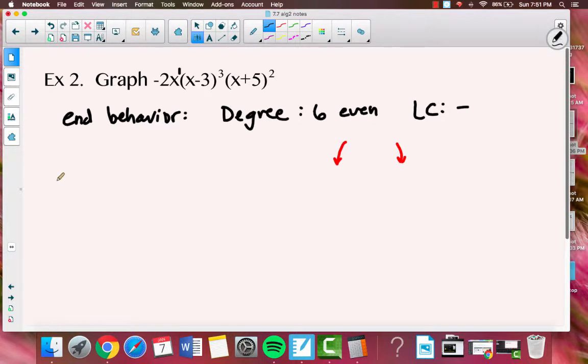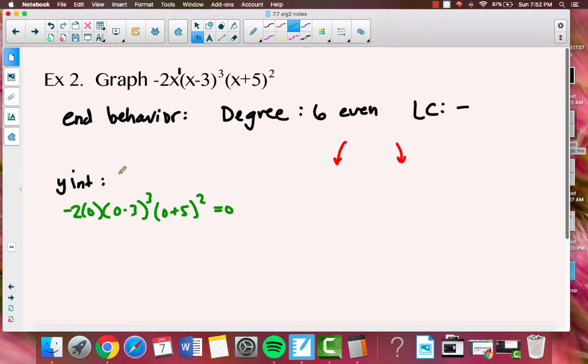So now we need to find our y-intercept. And remember, the y-intercept we just find by plugging in x equals 0. So when I plug in 0 into my equation, I get negative 2 times (0 minus 3) cubed times (0 plus 5) squared. And when I multiply all this out, I get 0 times everything, which just gets us 0.